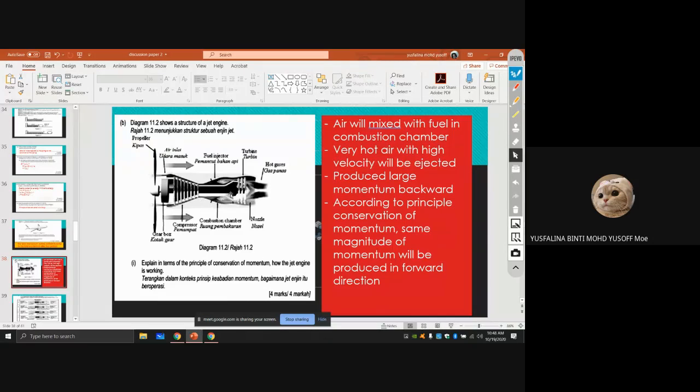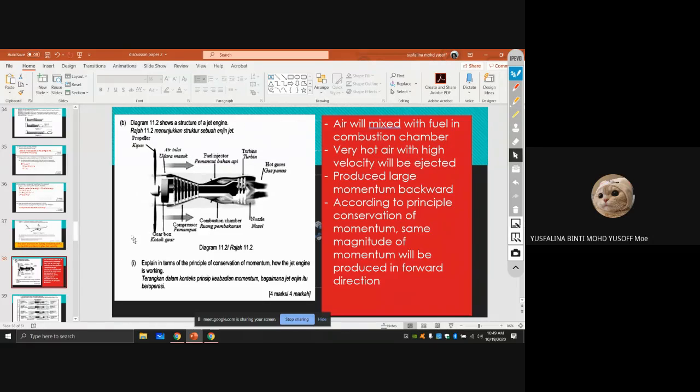The hot air will go this way with a high momentum, because you know p equals mv. When the velocity is high, the momentum will also be high. And then according to the principle of conservation of momentum, there will be a momentum that moves in the opposite direction with the same magnitude. So we will move here. So this is the explanation of how the jet engine works.